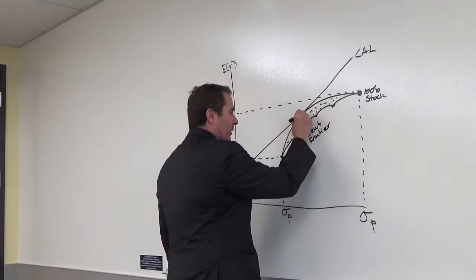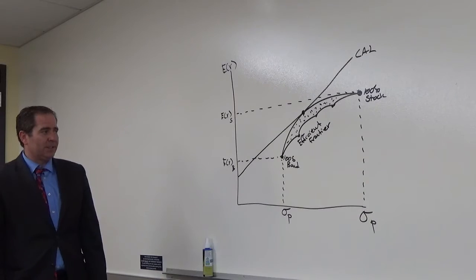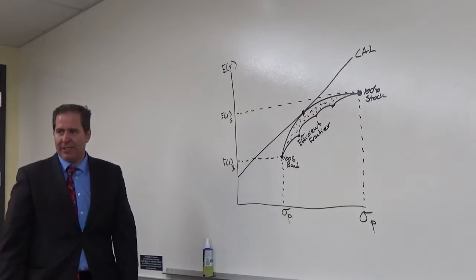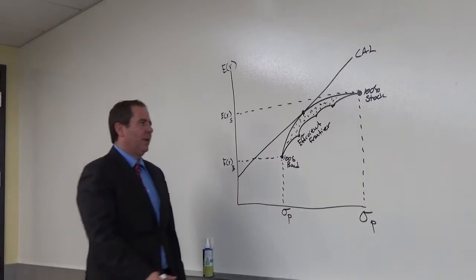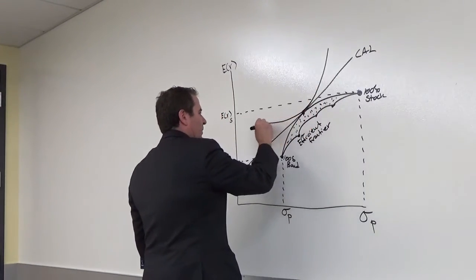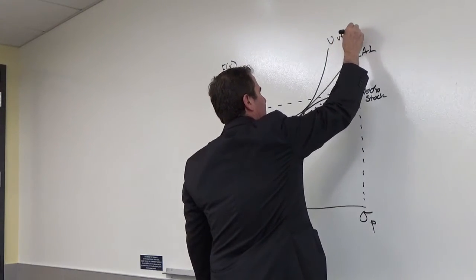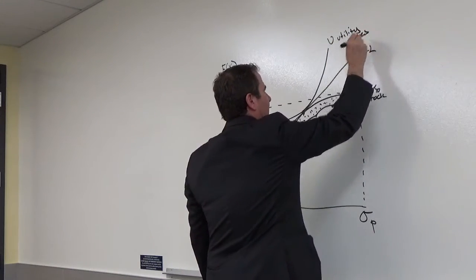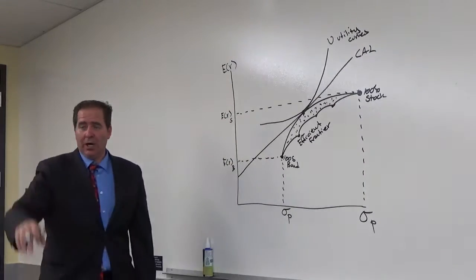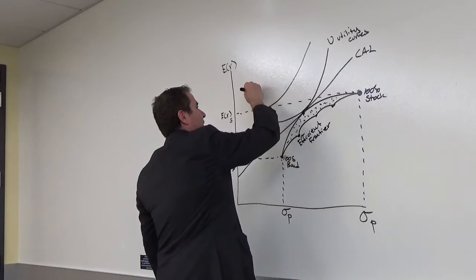The point here at which the efficient frontier is tangent to the capital allocation line, and you also have tangency with what are called utility curves. Now, risk-averse investors, which you are, would love to be up here, wouldn't you?